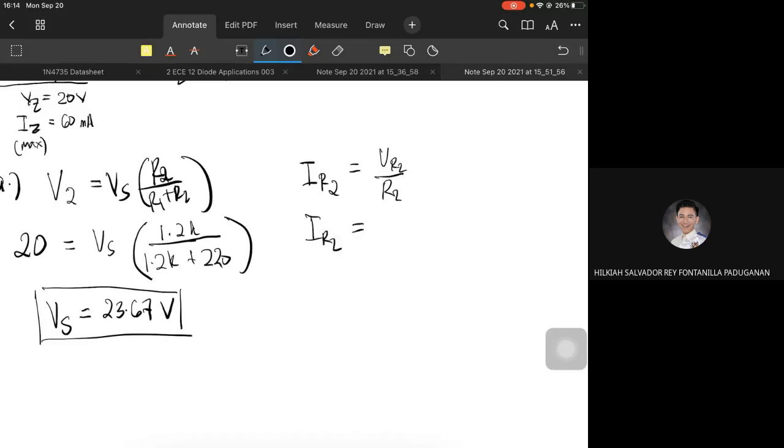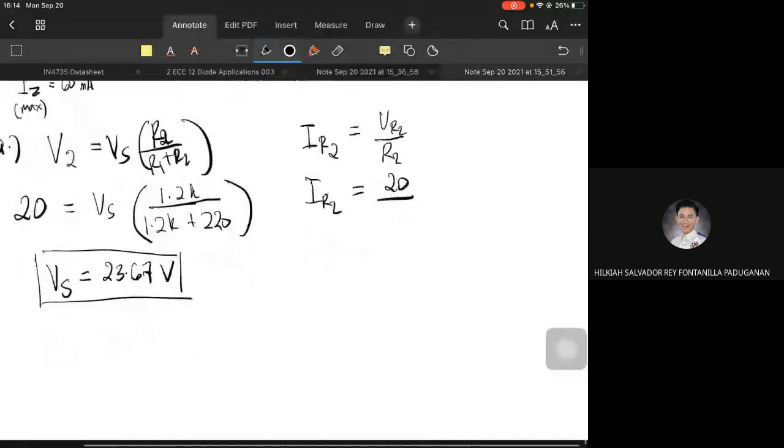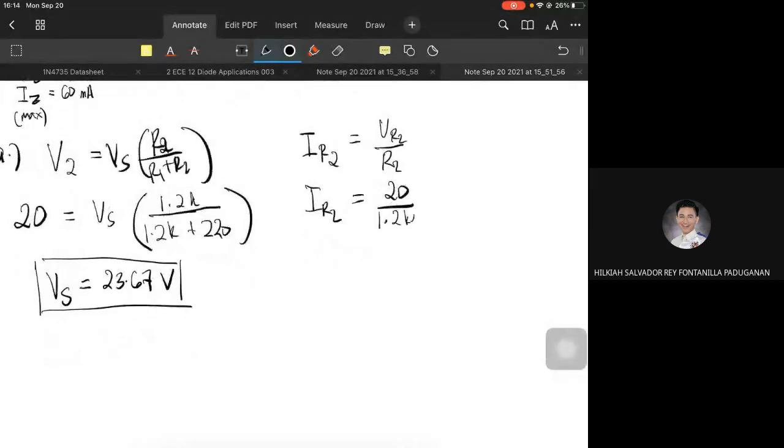VR2 is fixed at 20. R2 is 1,200 ohms or 1.2 kilo ohms. Meaning IR2 is equal to 16.67 milliamperes.